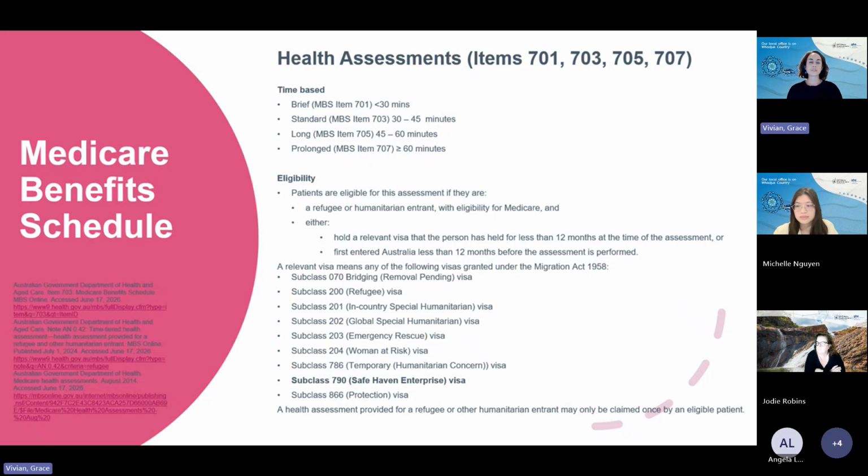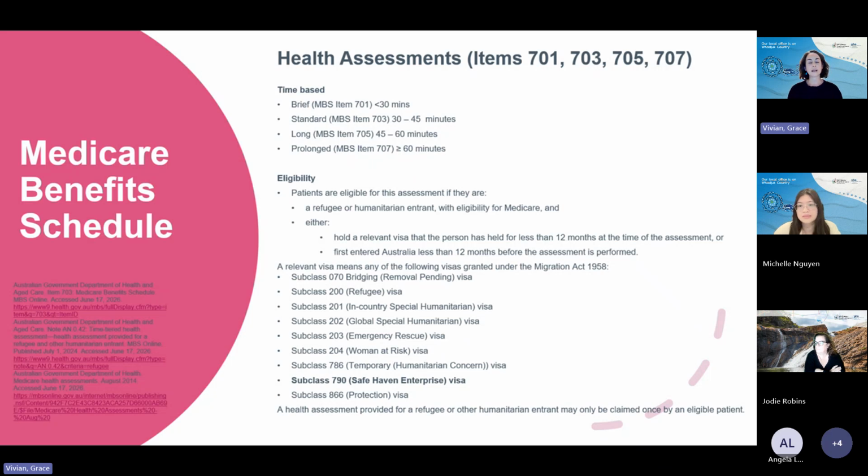It is really important to note, and I should have brought this up earlier, at HES, we're funded by the state government, North Metro Health Service. So we do not bill to Medicare, who are a federal service. That is to say, we perform the refugee health assessment as a clinical item, but we don't bill for it under Medicare.